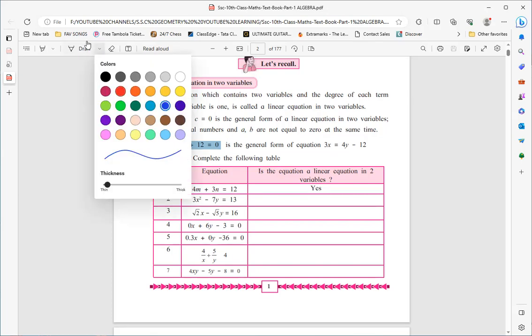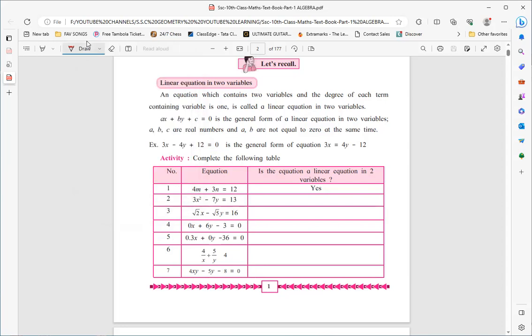Let me get some color in it. We have this equation where x is raised to 2 and y is raised to 1. Here the answer is no, because the degree of the first variable is 2.